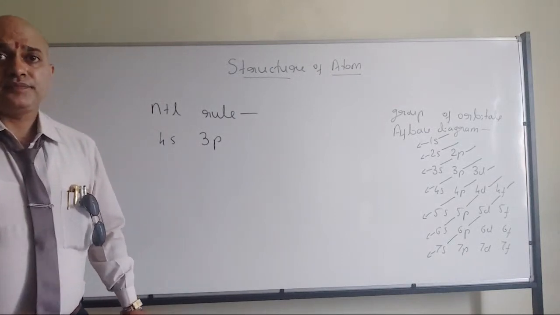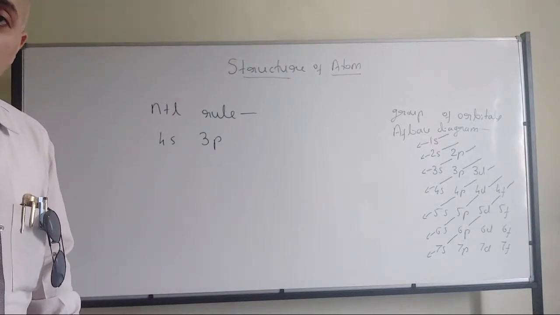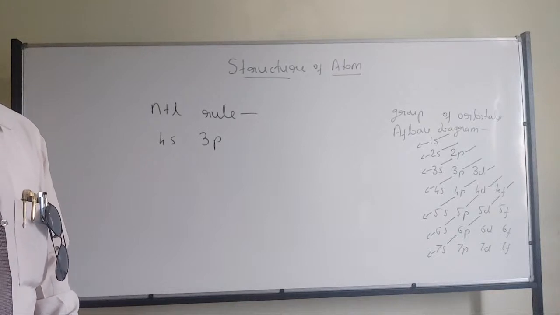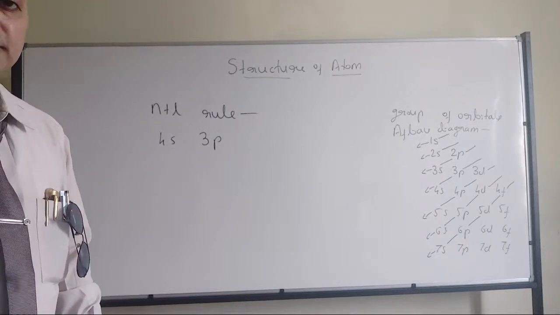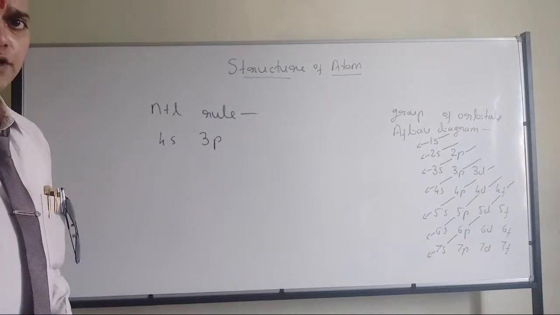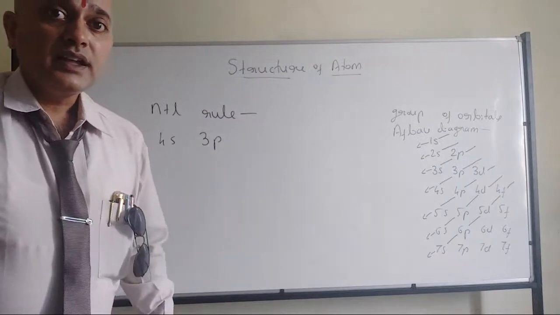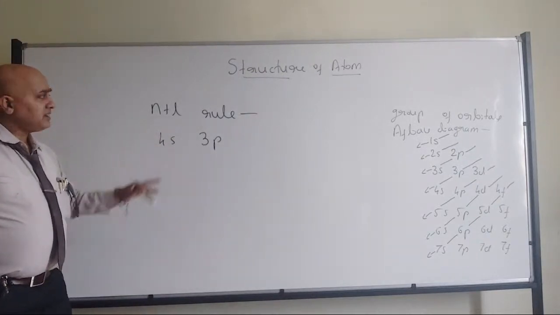What is that? 4s and 3p. If you consider the value of the azimuthal quantum number and the principal quantum number, if you add it up, what will be the value? Answer. Any one of you? Among these, if I consider the value of the principal quantum number, that's what?